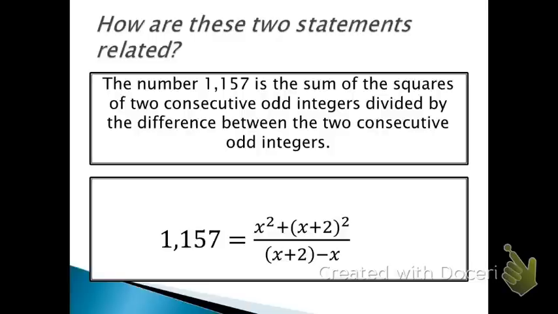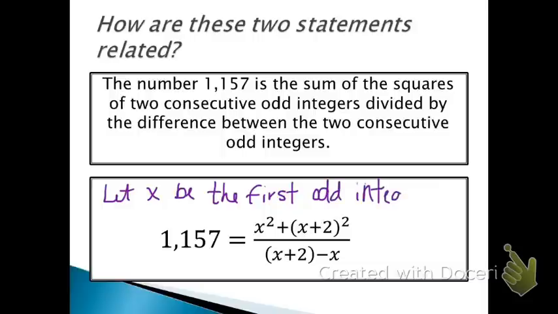In this example, we would want to say something to the effect of let x be, now there's two odd integers in this problem. Let x be the first odd integer.